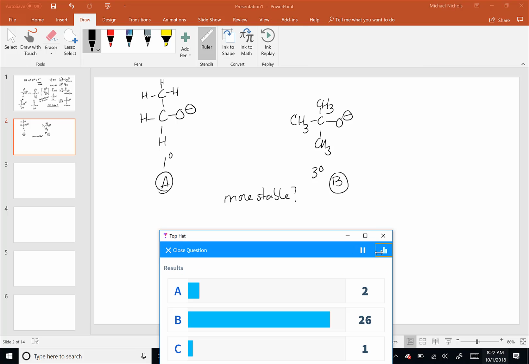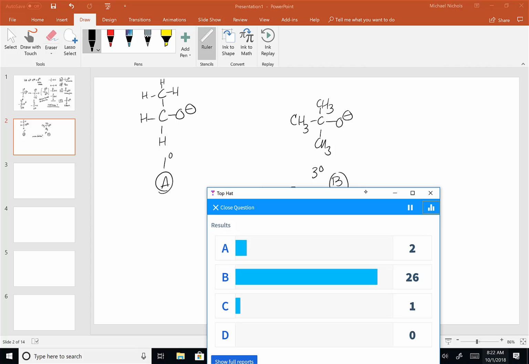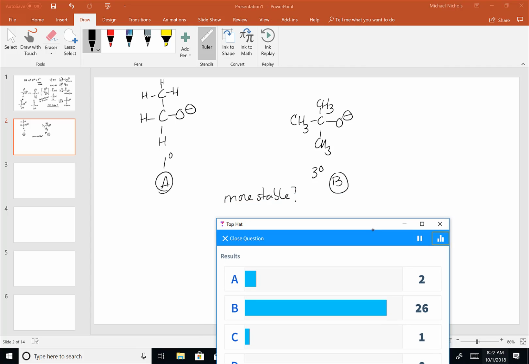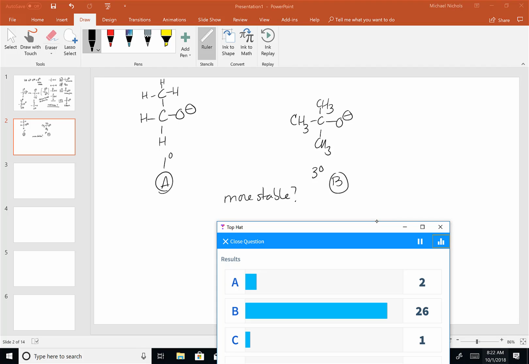Okay? Let's see, what are our answers? Our answers are mostly B's. That B is more stable. That's interesting. Why is B more stable? And what was C?